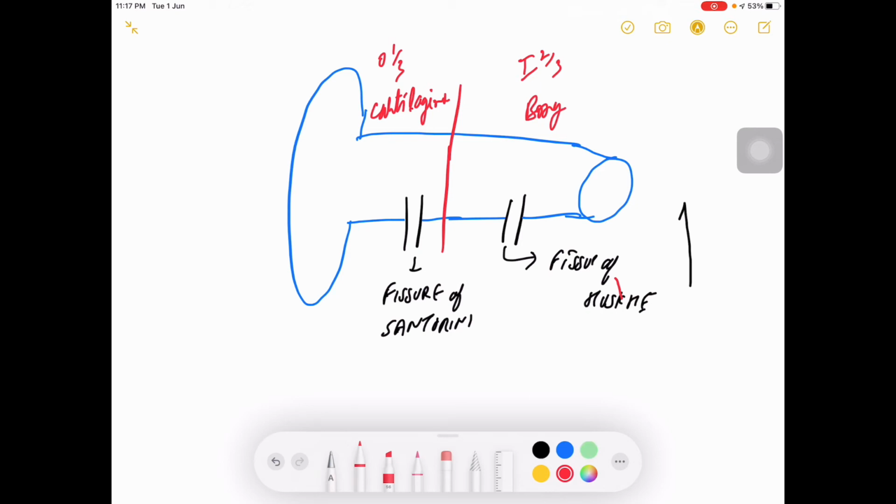Along with that, you will study more about it in Dharma, that the cartilaginous part has some glands. These are your sebaceous glands, also known as ceruminous glands.